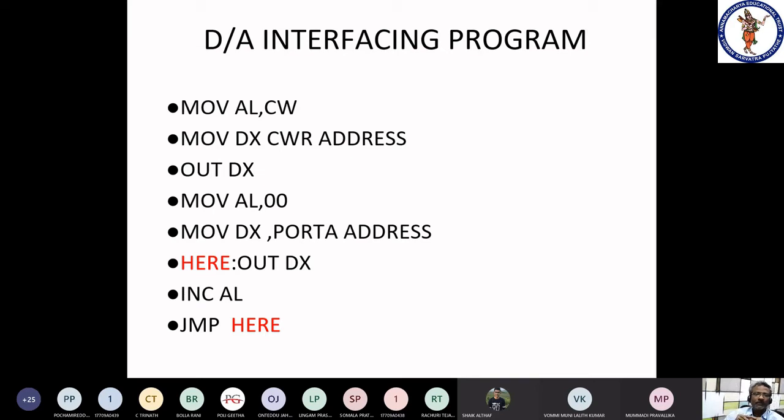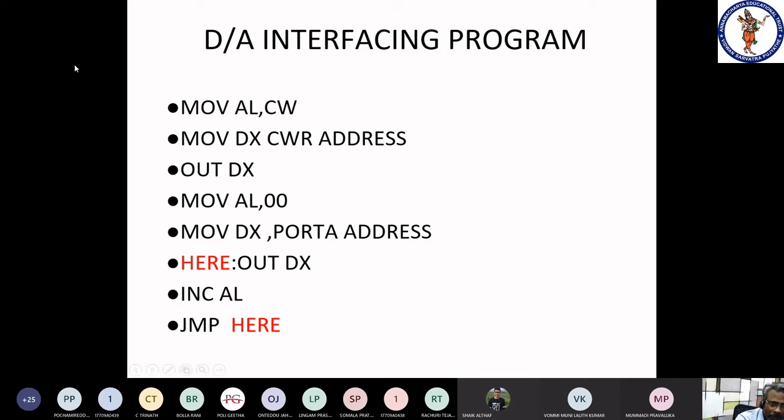So with this, we have to write the control word in the control word register. Whether you are writing the data in the control word register or port A, port B, port C, that can be selected according to the address of the respective ports.